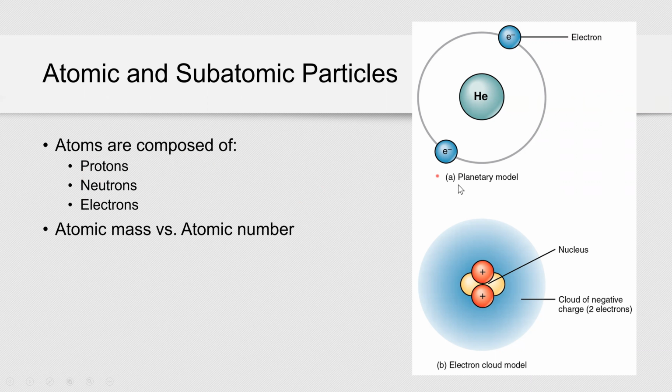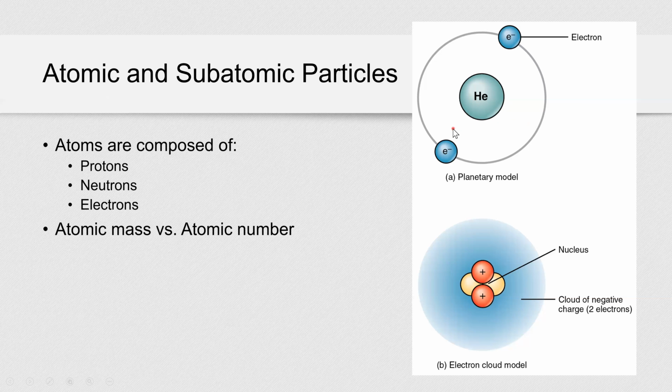So we can use different models to represent an atom. So this is the planetary model, where we have what we call the nucleus of the atom in the middle, and then electrons orbiting this nucleus, like planets orbiting the sun. This is an acceptable model.